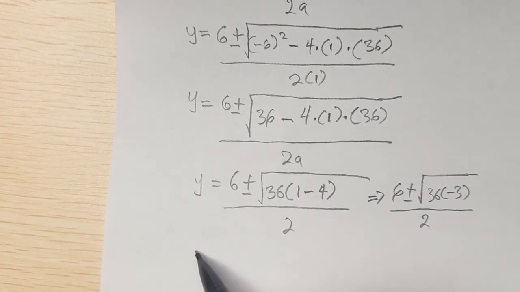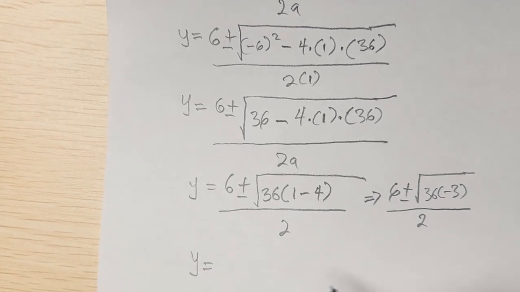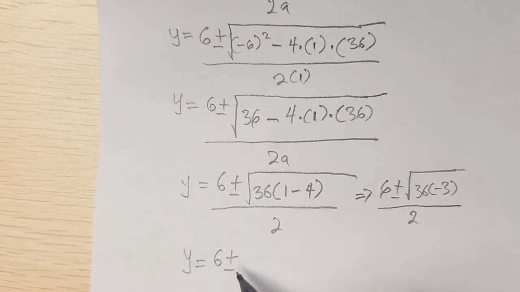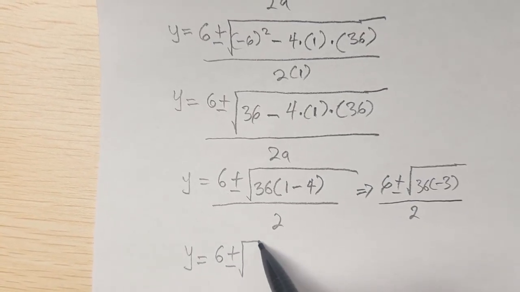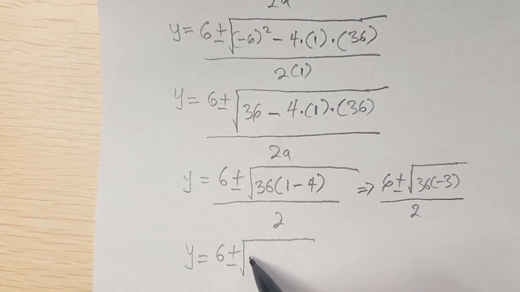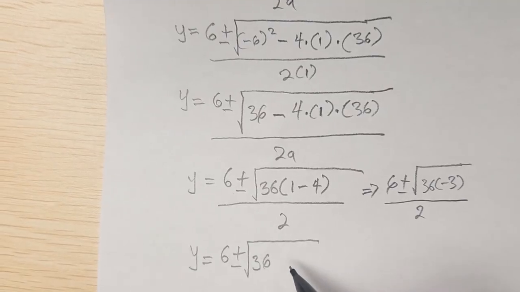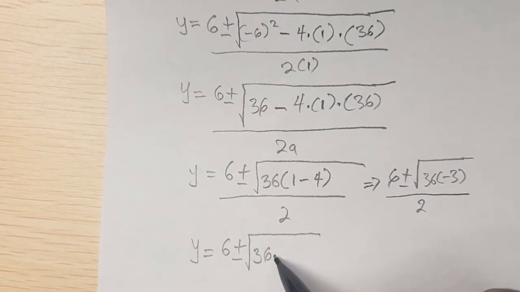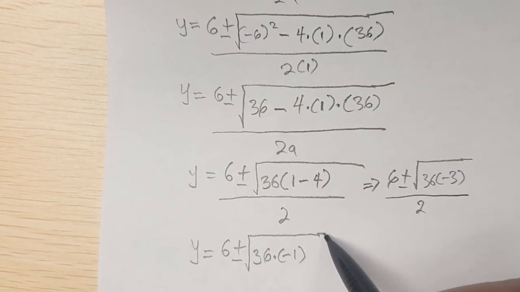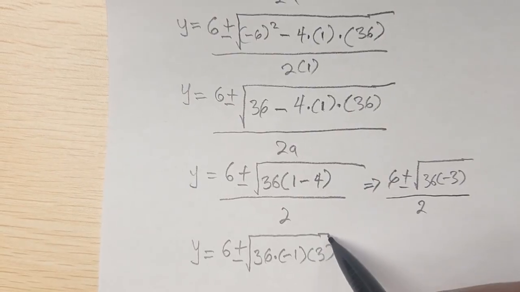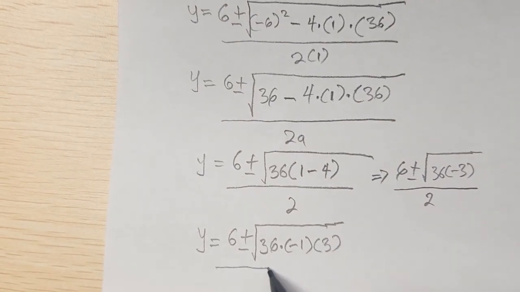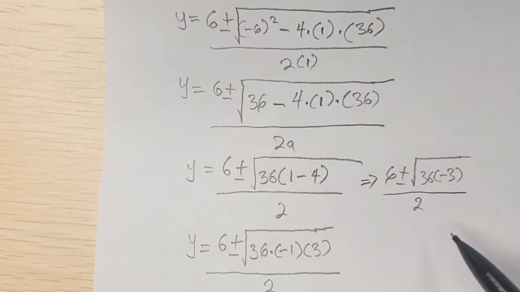And so we'll just carry on. We'll rewrite that to become 6 plus or minus the root of 36 times minus 1 times 3, divided by 2.